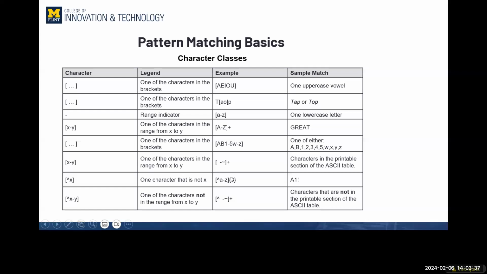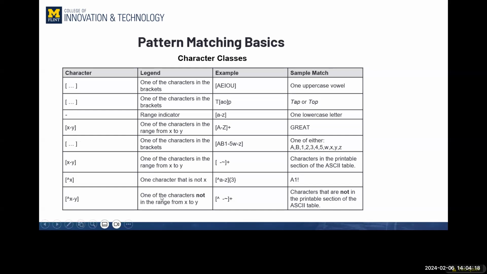For this one, when we have curly braces and a number inside, it means we want this pattern to be repeated exactly 3 times. So we have 1, 2, and 3. And as you can see here, the capital A is not part of the range, 1 is not between A and Z, and the exclamation mark is also not part of the range from A to Z.